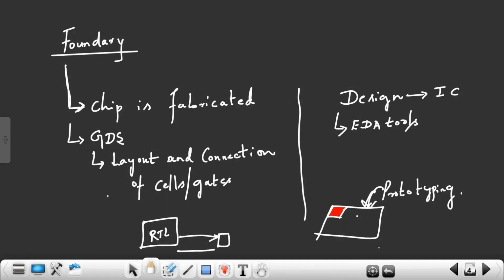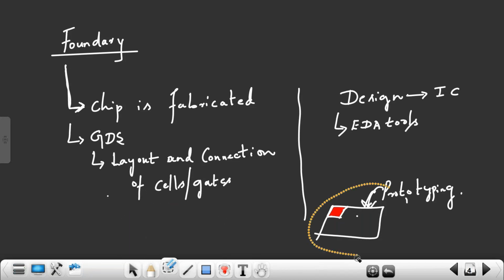Then I can go through all the processes of the ASIC design flow, generate the GDS, and give it to the foundry to fabricate. So we can use the FPGA for prototyping: to test whether any design will work on hardware or not.